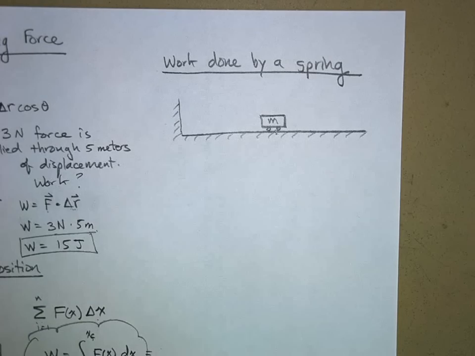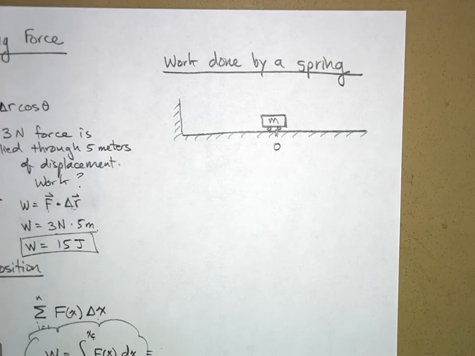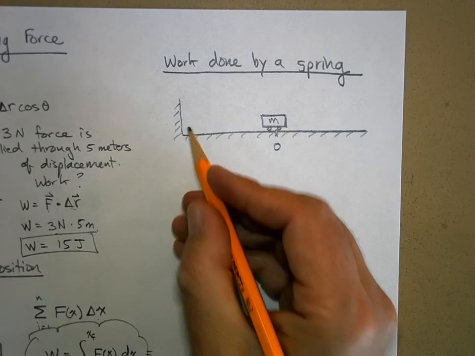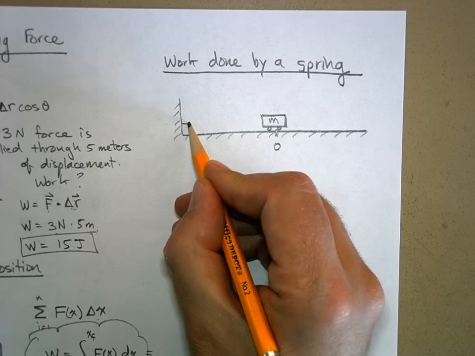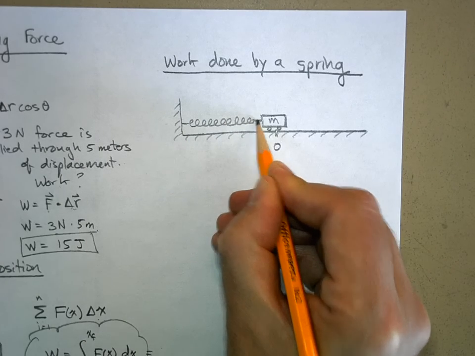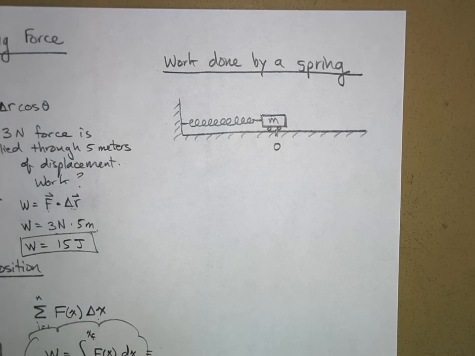All right? Now, I'm going to say this is 0. And 0 is where the spring I'm going to put doesn't have any force acting on the object at all. The spring is relaxed. So here's a spring. Okay? And this is going to be x.